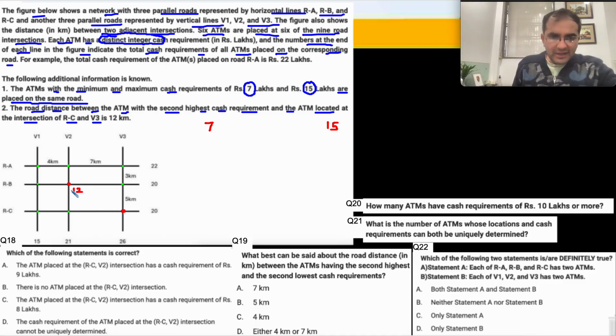If I put a 12, अब 12 के साथ we have to check for an 8 on this line and 12 के साथ 9 on this line. तो 8 कहाँ पे हो सकता है?